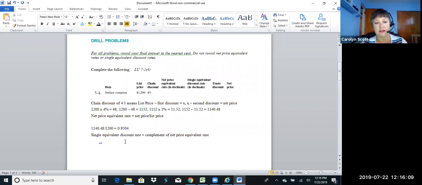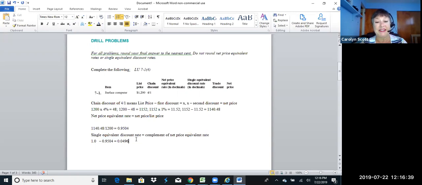To find our single equivalent discount rate, we will take the complement of the net price equivalent rate, which is 1 minus 0.9504, which means our single equivalent discount rate, or the equivalent discount that we're receiving as a result of the chain discount, is 0.0496.